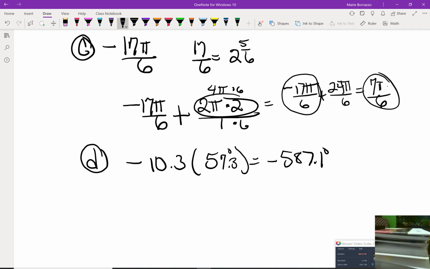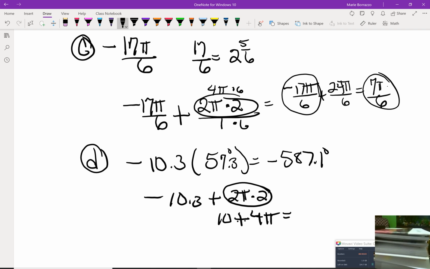If you do this with radians, you have negative 10.3 plus 2 pi times 2, which is the equivalent of 4 pi. So if I have negative 10.3 plus 4 pi, this is the equivalent of 2.3. So that's another approach.